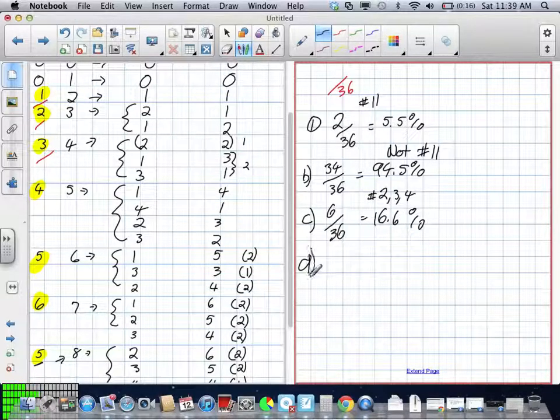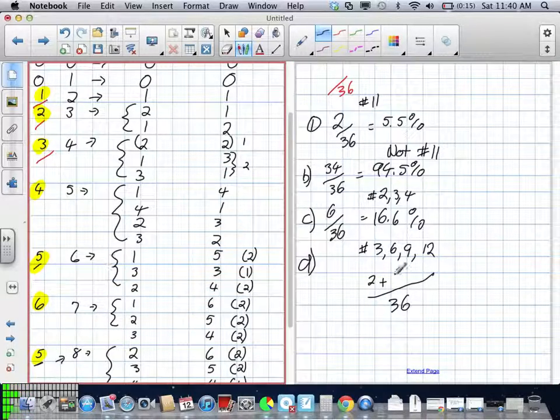What about D? A multiple of 3. What are multiples of 3? 3, 6, 9, and 12. So we know it's going to be out of 36. This is how we figure out the options of rolling 3. We have 2 chances. What about a 6? We have 5.